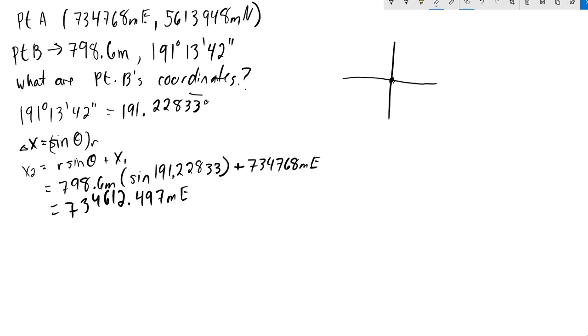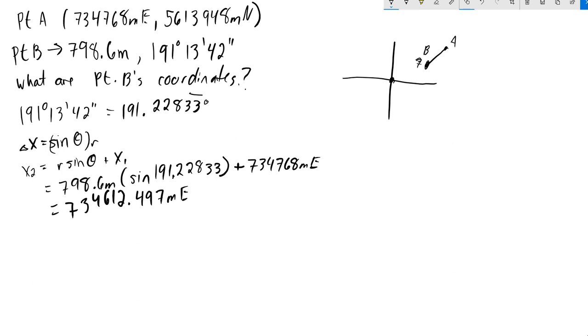So point A is at 7 something over here and 5 something up here. So we're just going to place A over here. So we know that B is at 191 degrees, which is a little bit further past that. So B has to be over here somewhere, right?